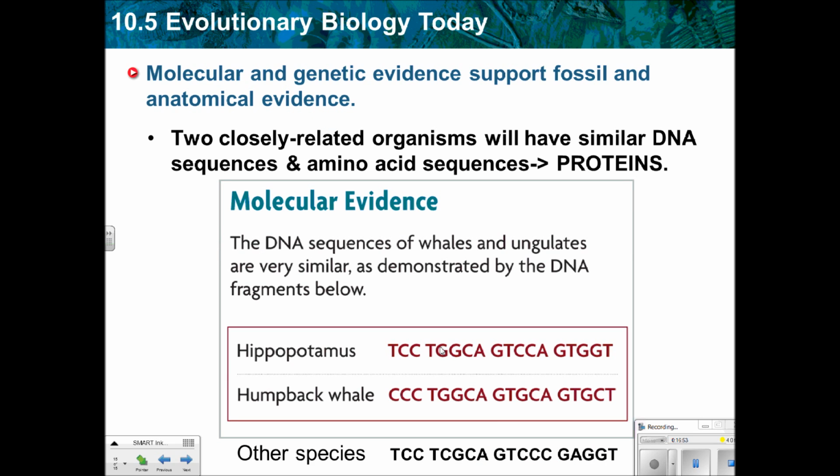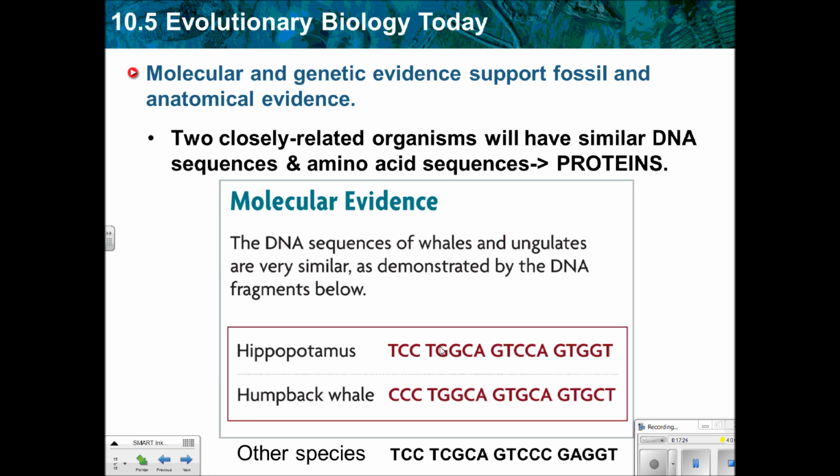I want to put this one up here. You don't need to write it down, but we're also getting more and more molecular evidence. And I have a good feeling, correct me if I'm wrong, but on the proficiency test, they will probably be asking you to compare DNA strands or amino acid strands, because you could do transcription, translation, right? Anyway, if there are many differences between the strands, then they're more distantly related.